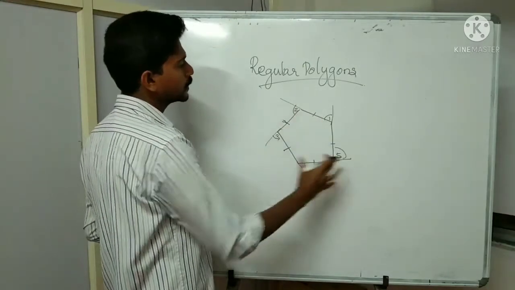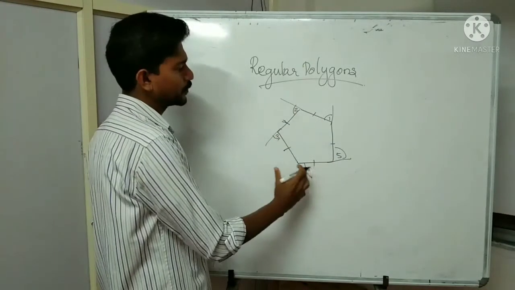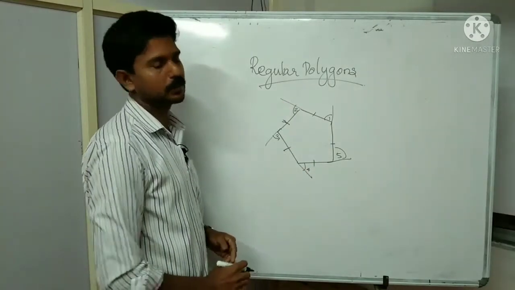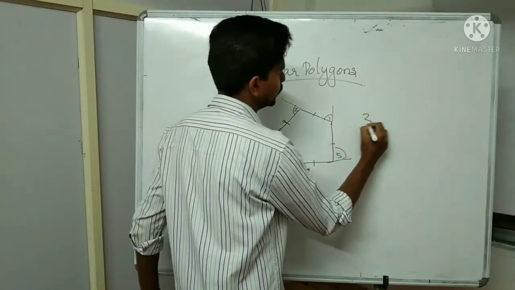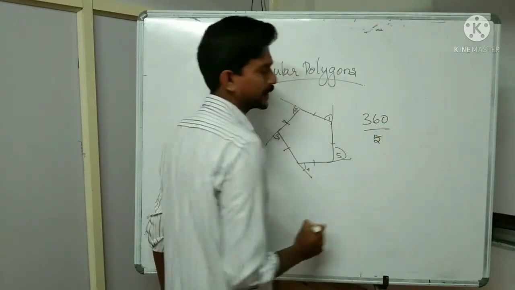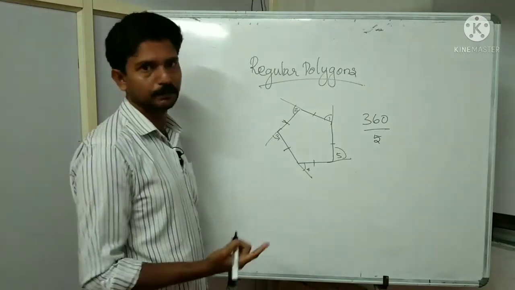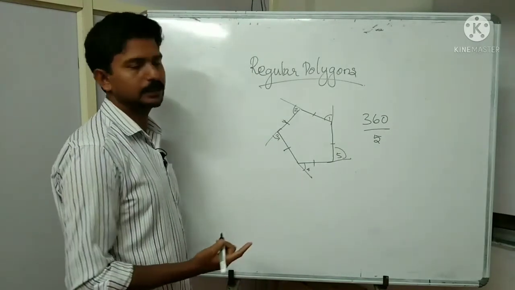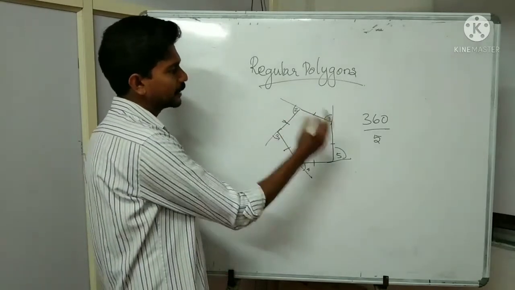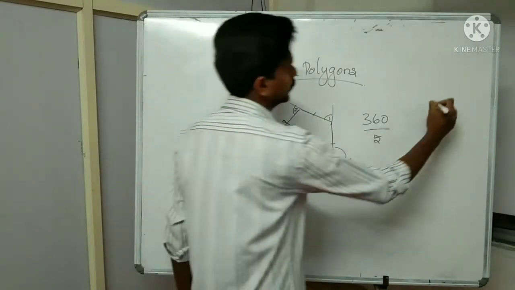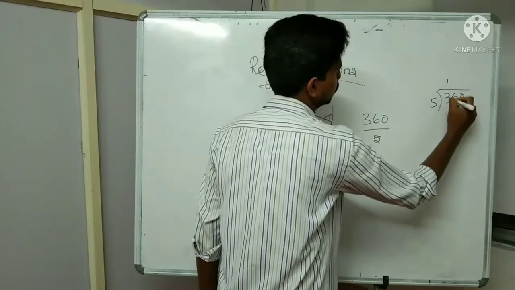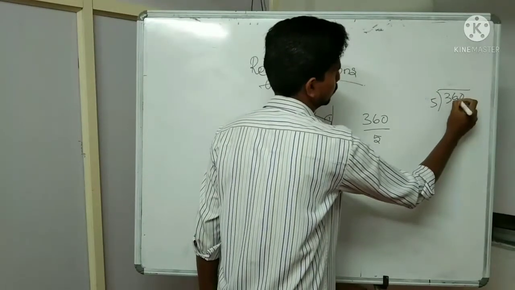The number of exterior angles is also equal to the number of sides. 5 sides are there, so there are 5 exterior angles, right? So we can divide 360 by the number of sides to get the exterior angle value. When you divide 360 by 5, we get 72.